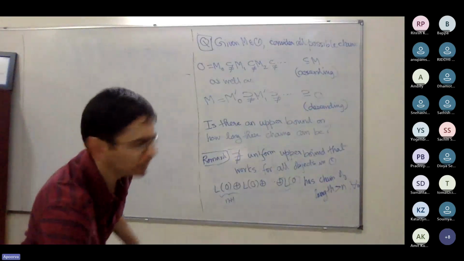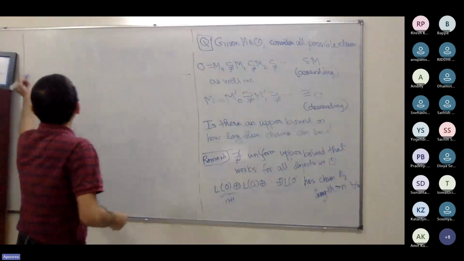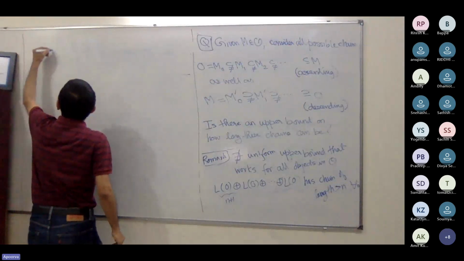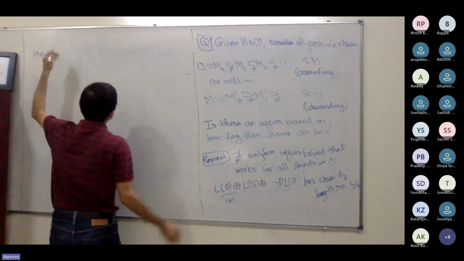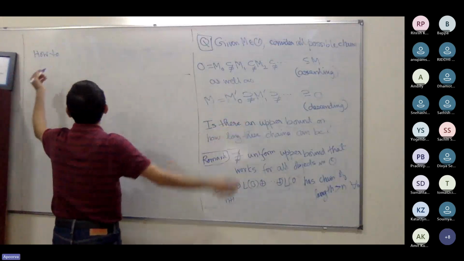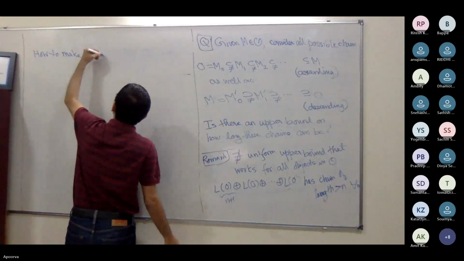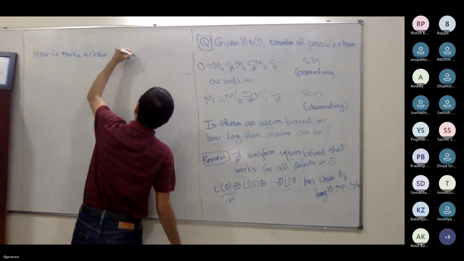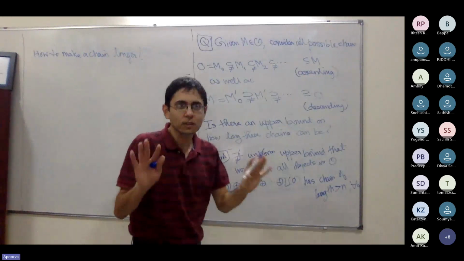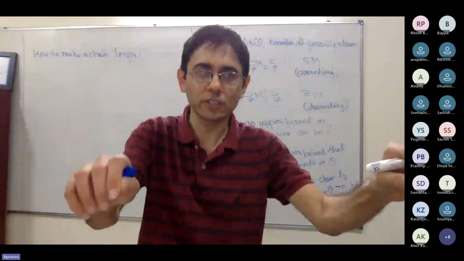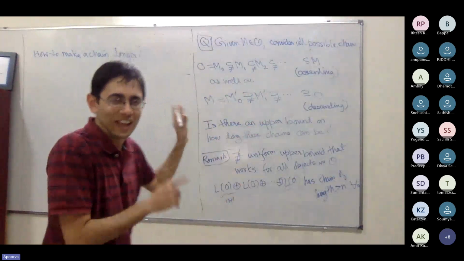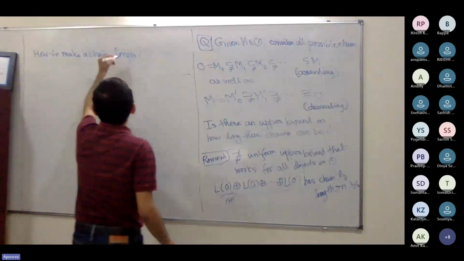So suppose you look at a chain, either ascending or descending. How do you lengthen the chain? How to make a chain longer? And this is not the Akbar Birbal story where you draw a shorter chain next to it so it becomes longer. No. How to concretely make the chain longer?